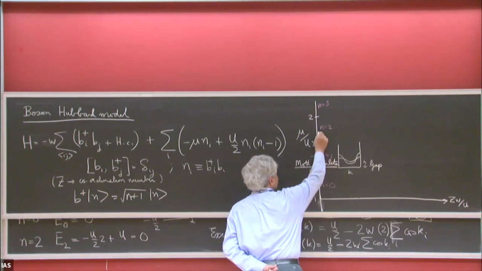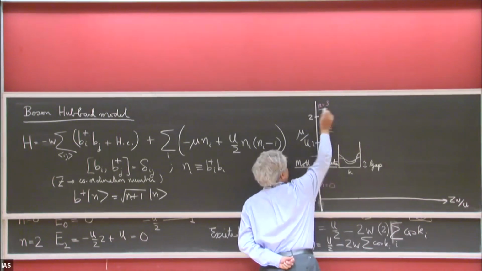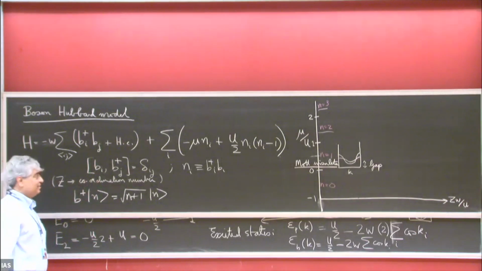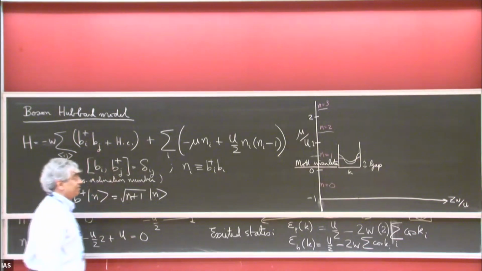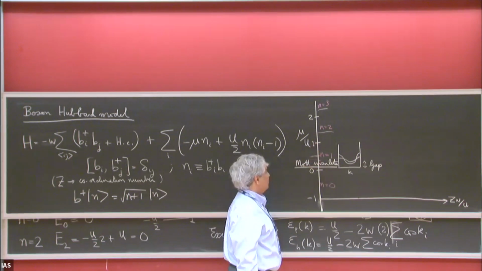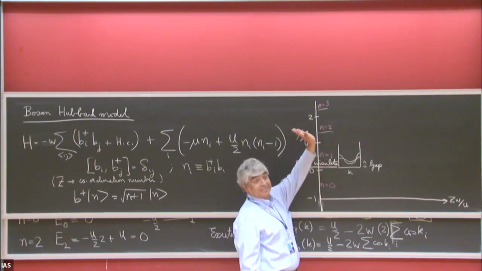And similarly here, this is another Mott insulator. And these are stable states, as you can show to any order in perturbation theory, that must exist over a finite range of chemical potentials, where the density is exactly an integer.